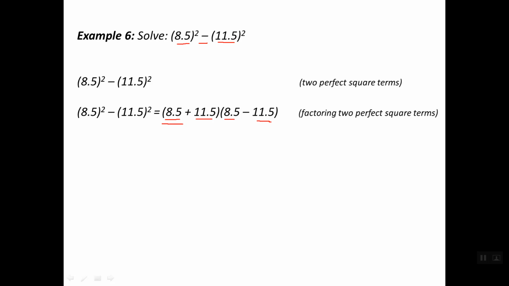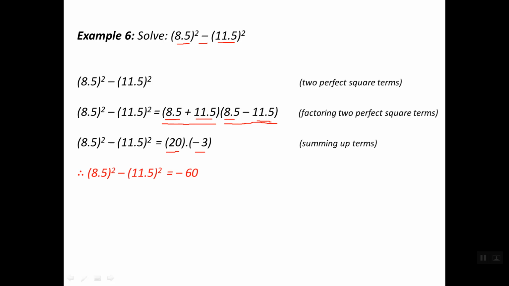So 8.5 plus 11.5, we have here 20, and regarding the second factor, which is 8.5 minus 11.5, we have minus 3. So we multiply 20 by minus 3. So we conclude that the value for the difference of the squares is minus 60.